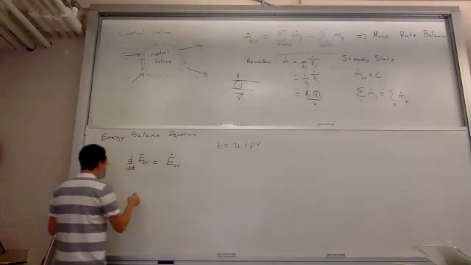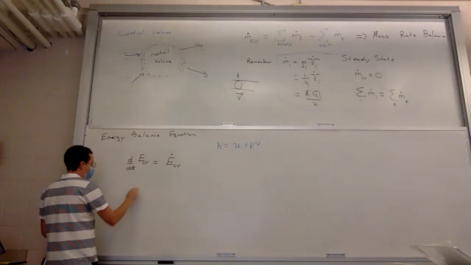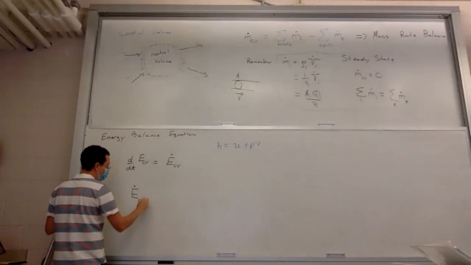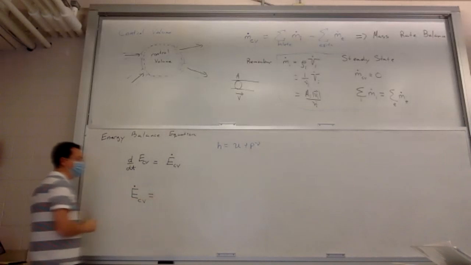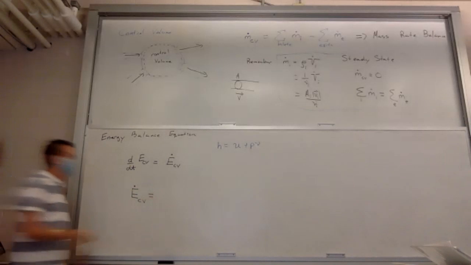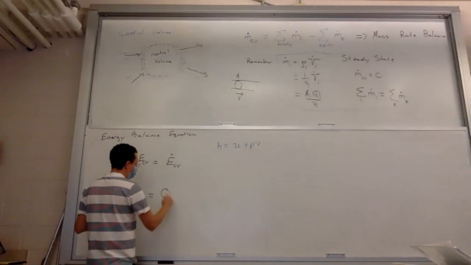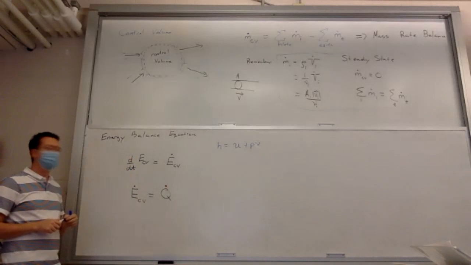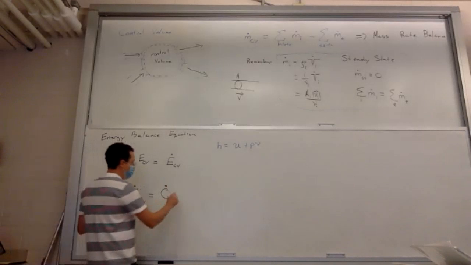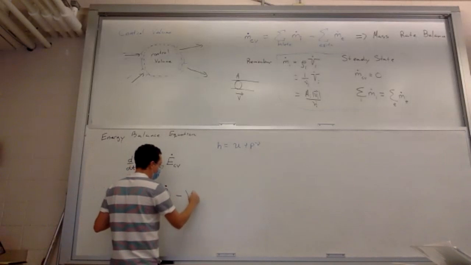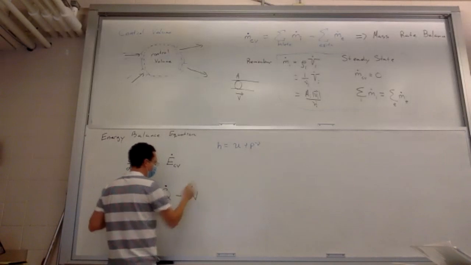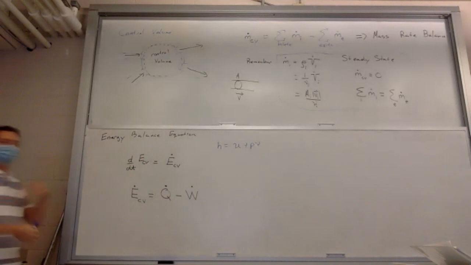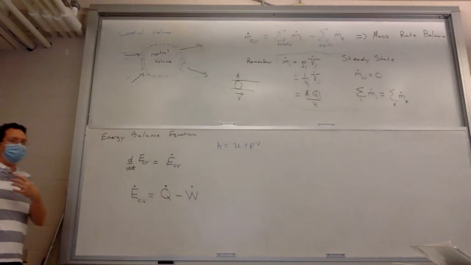So what we get is that the rate of change of energy in the control volume: there could be heat per second added, so that would be Q dot. Remember, dot always means time derivative in this class. Minus the work: you could have turbines and things, so you have positive work out.